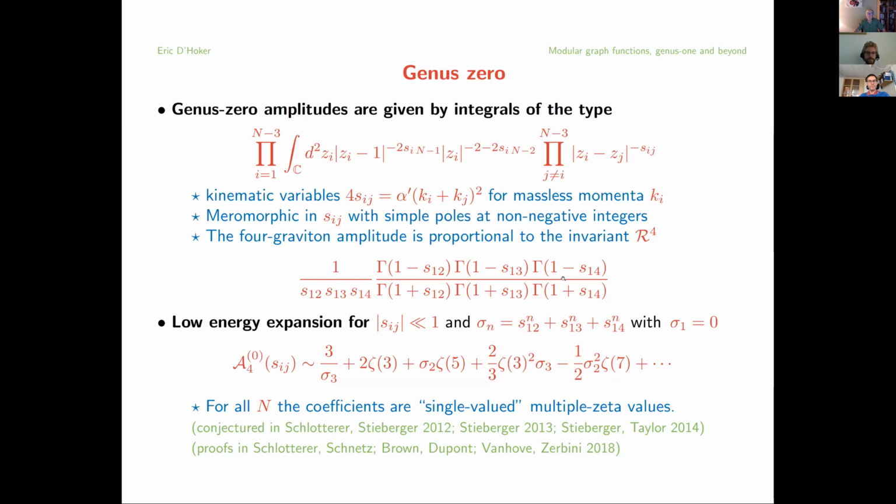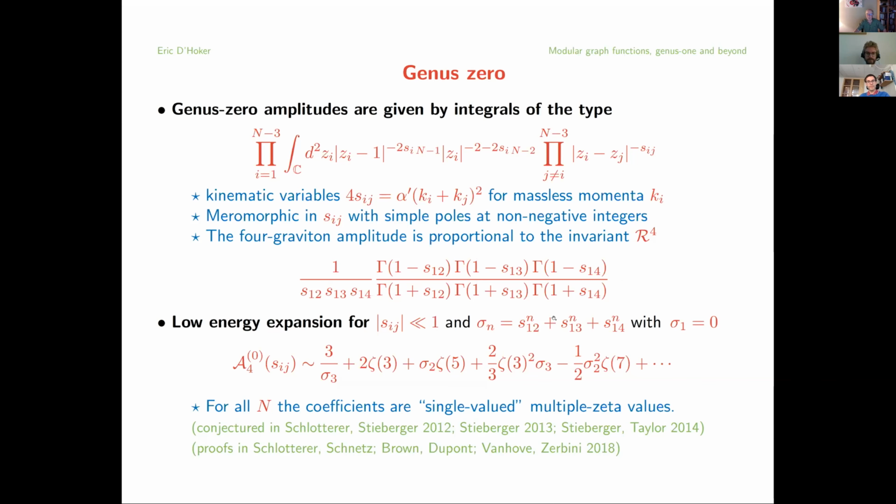And then times a function, which I wrote down here, a ratio of gamma functions, the so-called Virasoro-Shapiro amplitude. And what we're going to be concerned with most is actually its low energy expansion. So low energy means that the s's are small compared to 1. s is dimensionless, and so it makes sense to ask it to be smaller than 1.